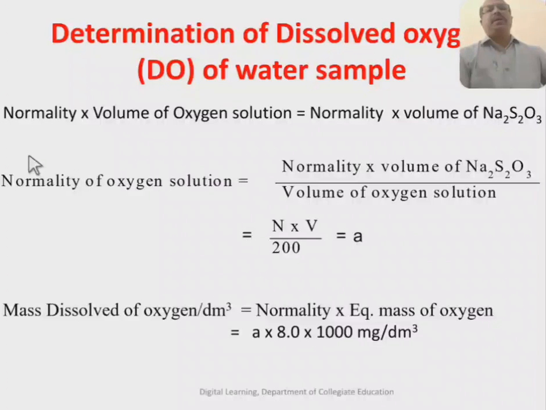Now the calculation part. As we know, normality into volume of oxygen solution is equal to normality into volume of sodium thiosulfate, that is, N1V1 is equal to N2V2.